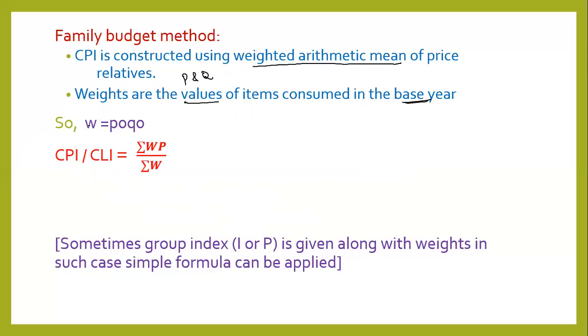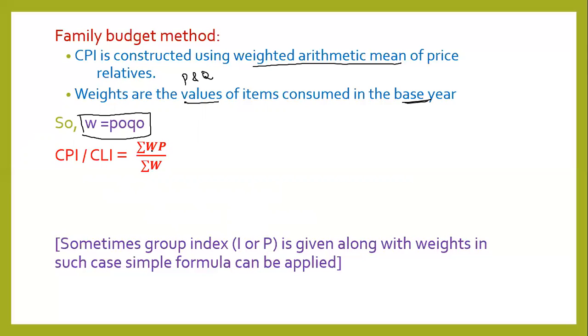So how will you calculate w? W is nothing but p0 into q0. Weights are the values of the item, that is both price and quantity, consumed in the base year. That means p0 into q0 will give you the answer for weight. Now under the family budget method, the formula is summation w into p divided by summation w.